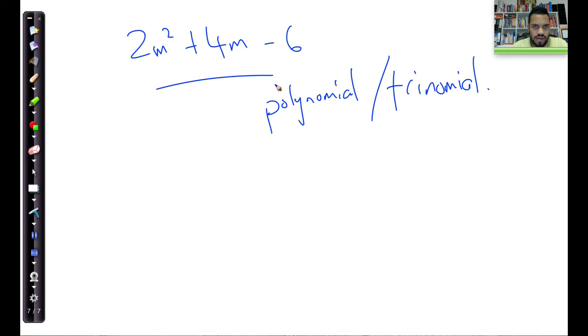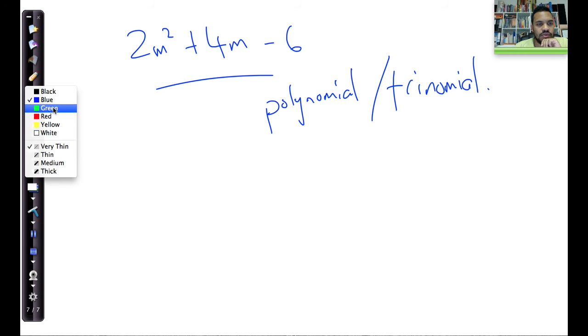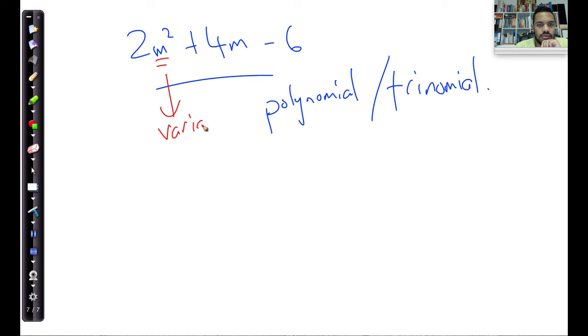Now the first part over here, we already said that the letter symbols, these are variables, right? These are variables. And then this here is what we call a coefficient.